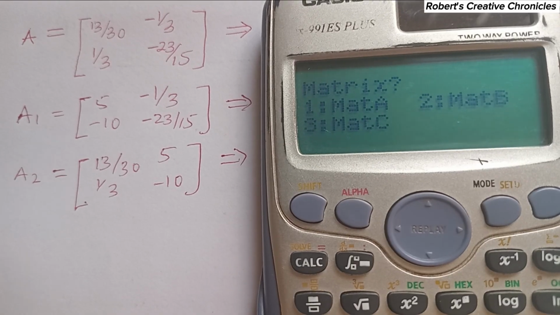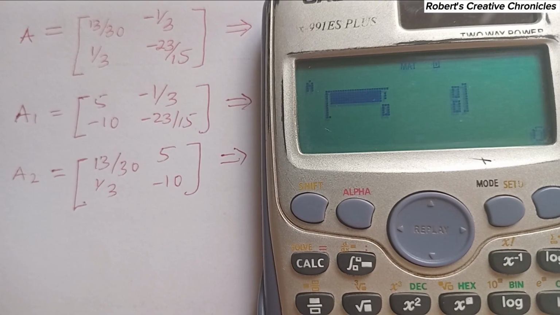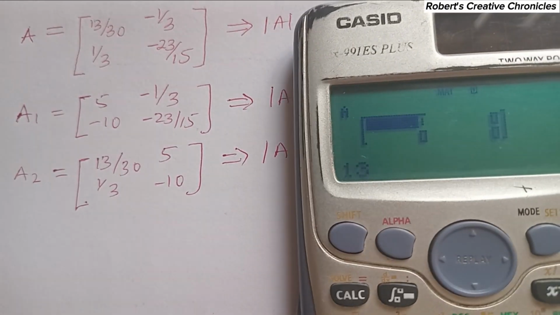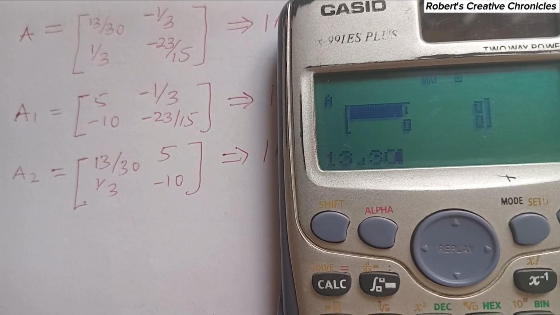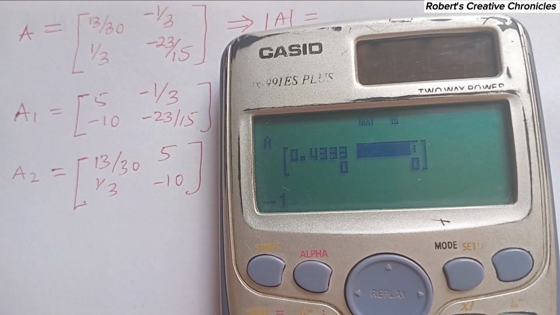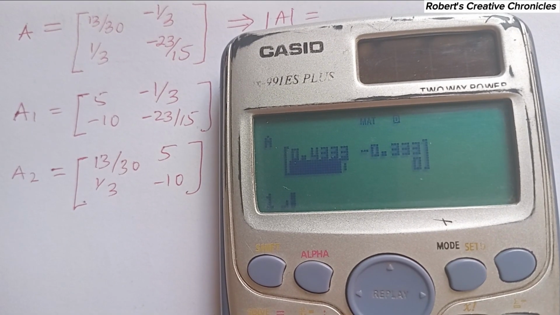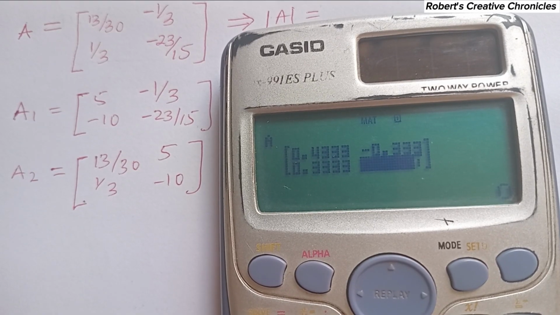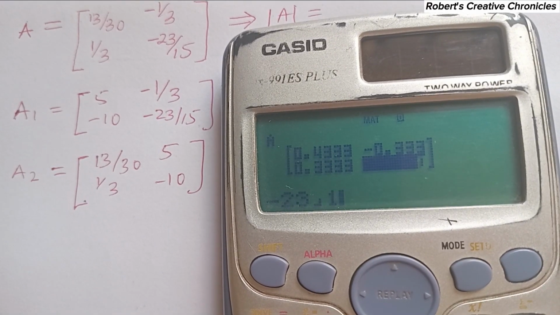In matrix mode, 13 over 30, then minus 1 over 3, and 1 over 3, minus 23 over 15.